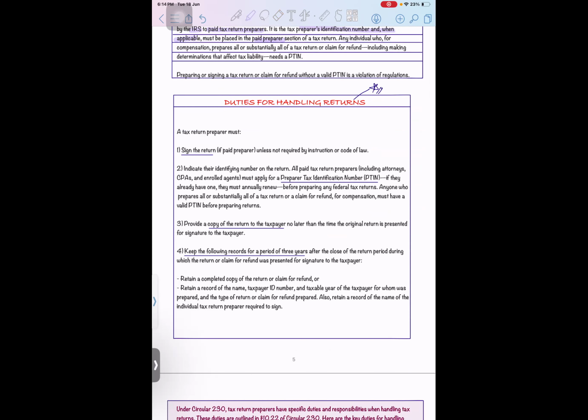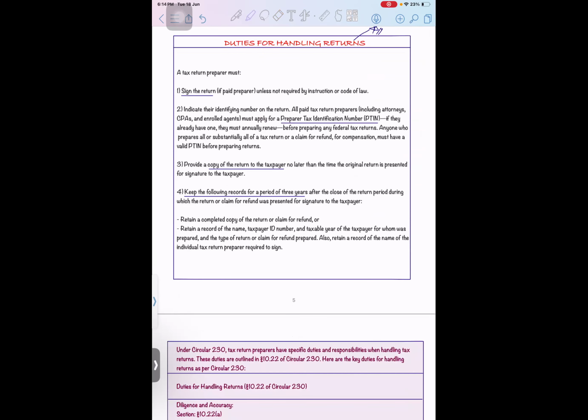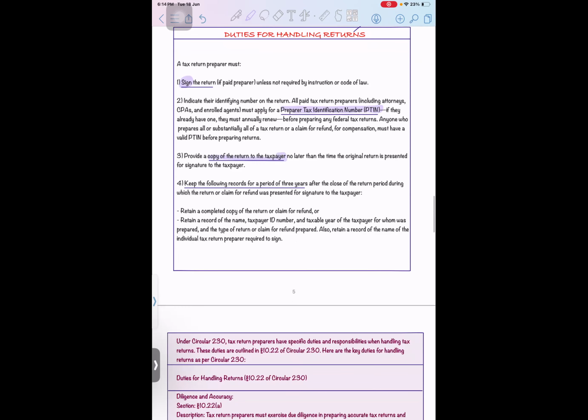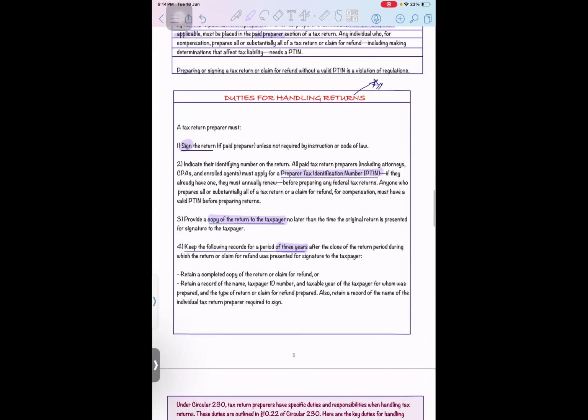Okay, so see, a tax return preparer must do 4 main things. What are those 4 main things? Sign the return. Second, put a PTIN number on that return. Third, provide a copy of the return to the taxpayer, and fourth, keep 1 copy with himself for 3 years. Okay, so these 4 things are the main duties while preparing the tax return.